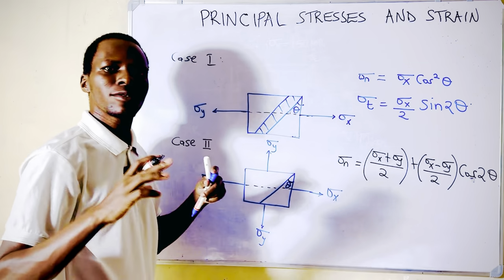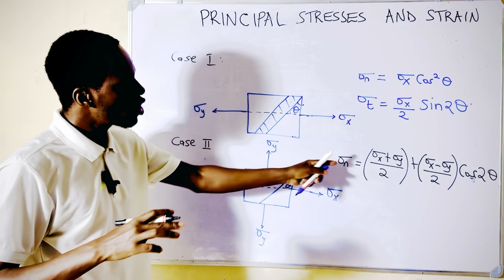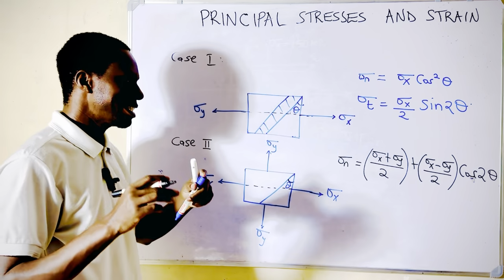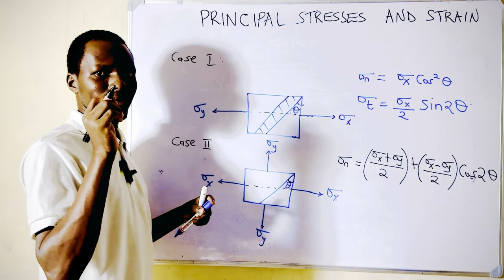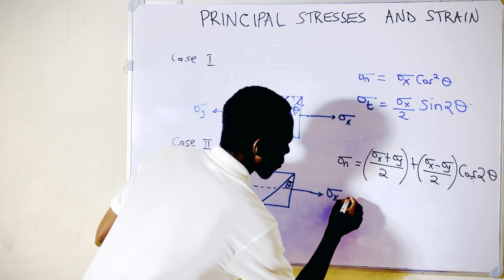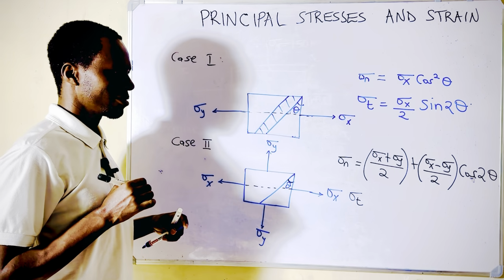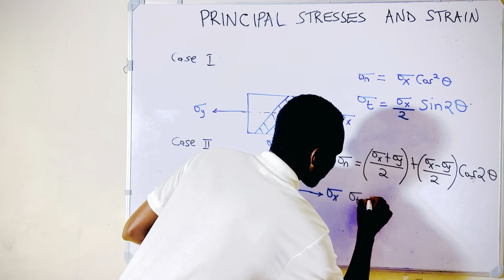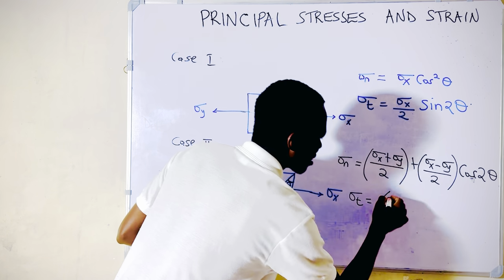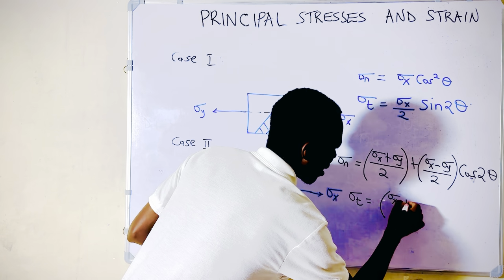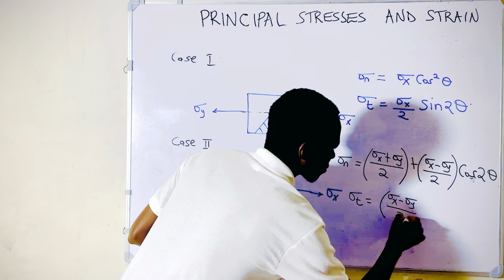This formula will help you to calculate the normal stress acting on this inclined plane. What if we want the tangential stress? The tangential one is going to be only this part, which is sigma x minus sigma y by 2.